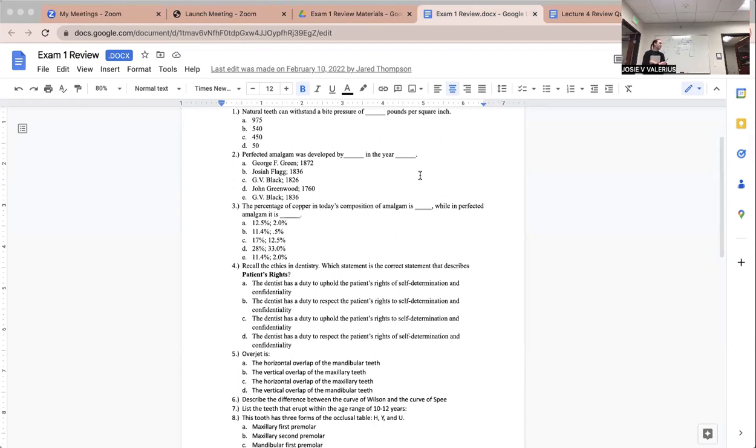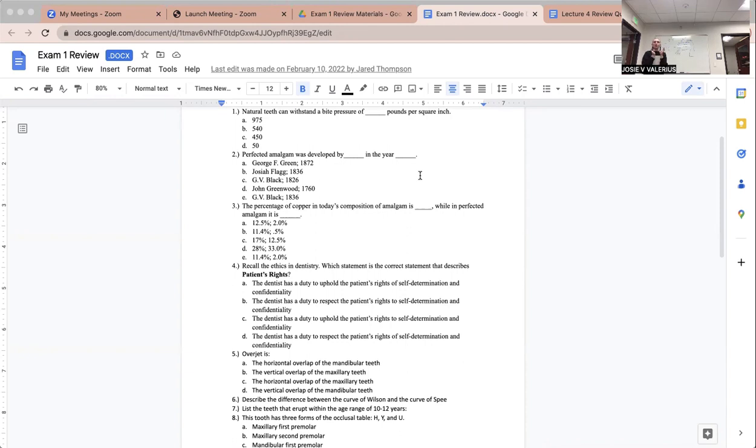Maybe Black. 1826. 1836. Close. I didn't make this, but know your dates. Know the perfected versus today's amalgam percentages. If you memorize those, they're really easy points and it'll be on the exam.